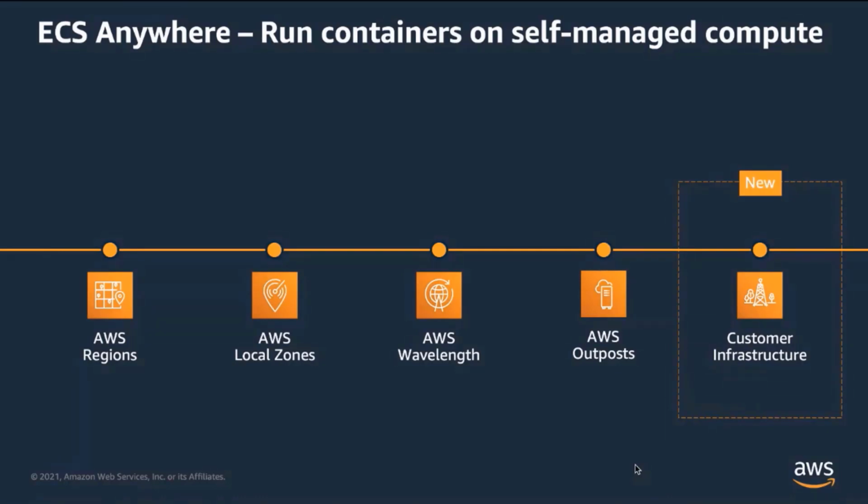But what we heard from the customers is that there are various scenarios where customers need to run the containers on self-managed compute. And that's where ECS Anywhere comes in. With ECS Anywhere, we are expanding the Amazon ECS service so that you can run the containers on a self-managed compute, which is not under the management of AWS. So it's your compute, but it's the same ECS, okay?